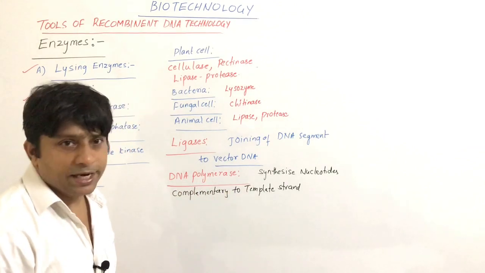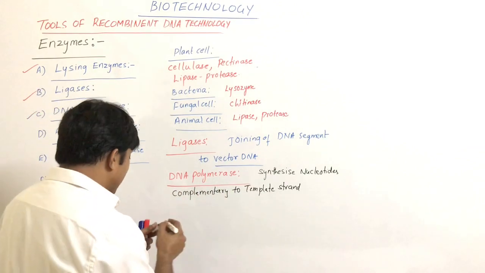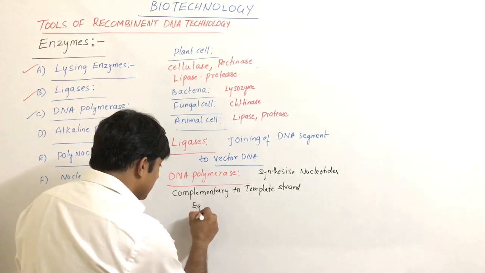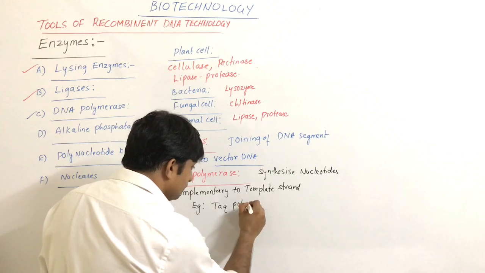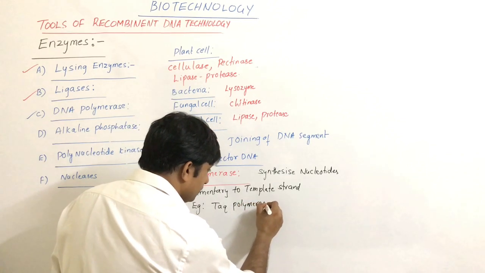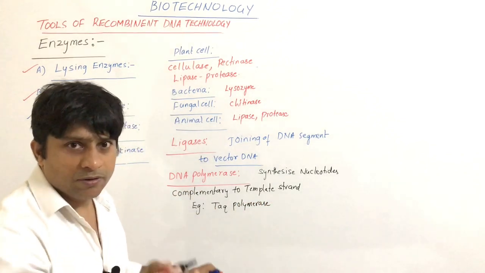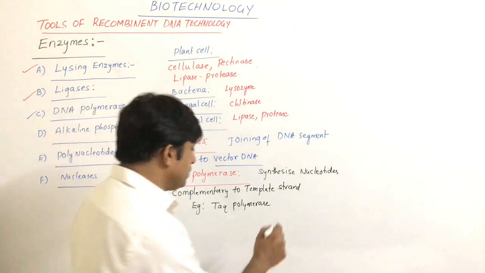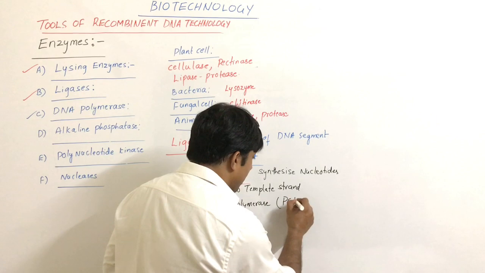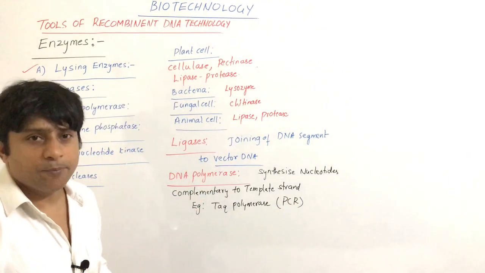So that is DNA polymerase. A best example for this is Taq polymerase. It's an enzyme which is isolated from Thermus aquaticus, which is used in PCR. In polymerase chain reaction, we use DNA polymerase.